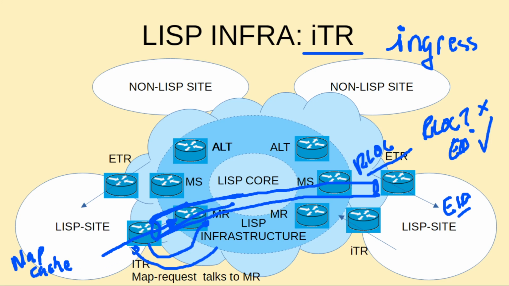So if this router needs to continuously send traffic to this destination EID, it does not have to continuously ask the map resolver for this RLOC to EID mapping. It will hold this mapping in the map cache until this entry times out after 24 hours.